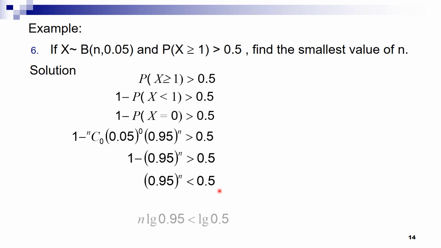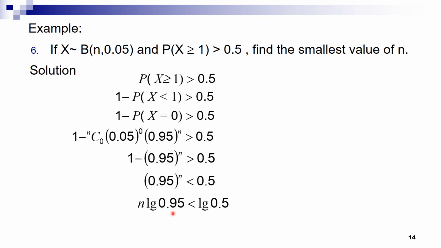So you have n log 0.95 less than log 0.5. You take log base 10 on both sides. You can use ln, log base e, for the solution. Hence you evaluate now. Log 0.95 has a negative value.